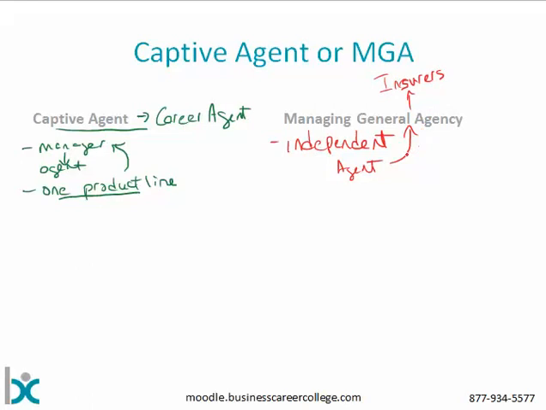It is possible to do this other ways, but this is by far the most common arrangement. You can have some people who have a direct contract with an insurer, and then there are associate general agencies and some other versions of this, but this is the most common version. And here, this person typically has access to a broader product line.